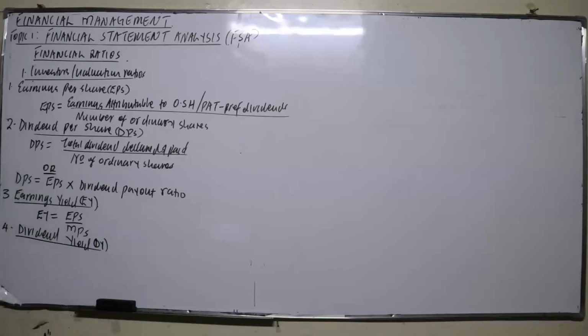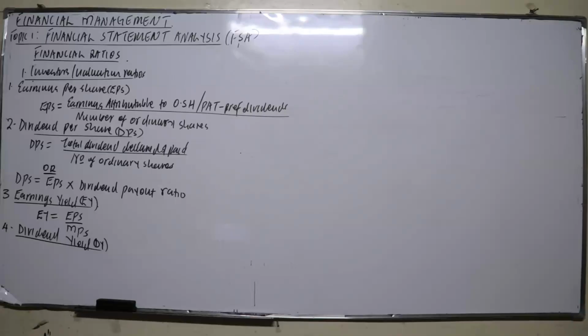And number four, you have the dividend yield. This indicates the percentage return in the form of dividend for every amount invested in the company.